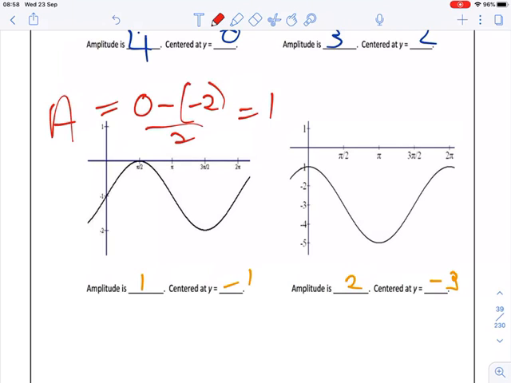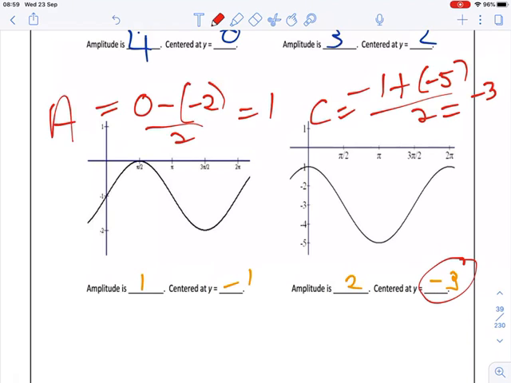So again, it depends on how you want to use your skills to find these things, as long as you can find them. If we look here again, the minimum plus the maximum over 2, that gives me minus 3. So that should be the center position. The center position should be at minus 3.